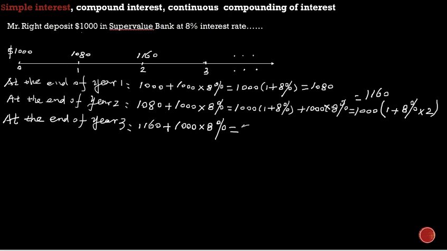I just write down 1,000 times 2. This expression is 1,160 plus the third year's interest, 1,000 times 8%.